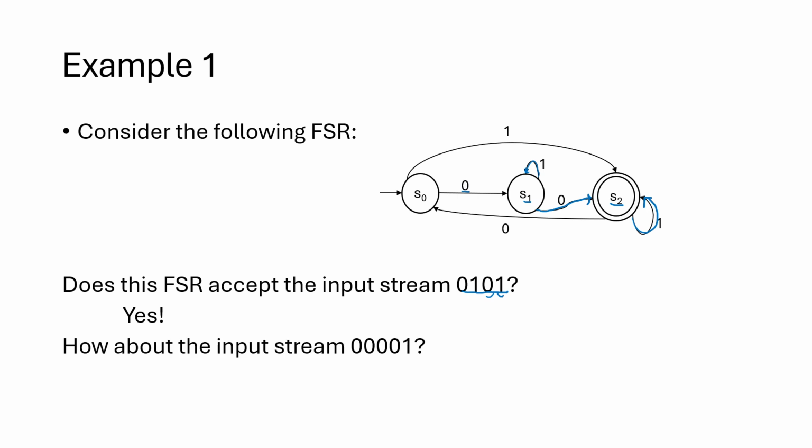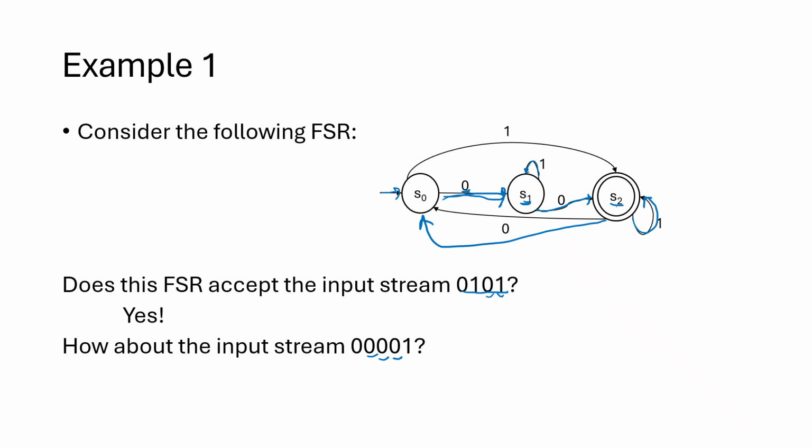On the other hand, if we process the input stream 0, 0, 0, 0, 1, starting again from the initial state with a 0, we go to S1, and then with the second 0, we go to S2. And then while we are at S2, we read the third 0, which means we go back to S0. And then while we are at S0, we read the fourth 0 in the input stream, and that takes us back to S1.